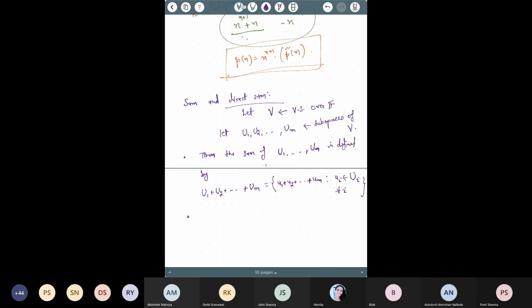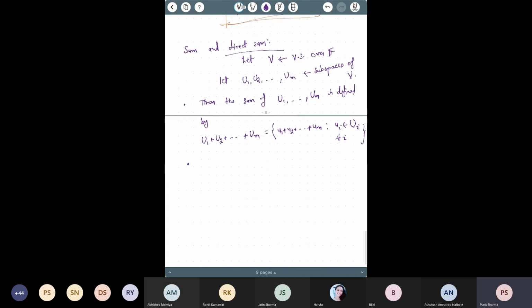Okay. Second thing, so I'm just fixing some terminology here. This vector space V is called the direct sum. So the first one was just the sum. Now I'm defining direct sum.